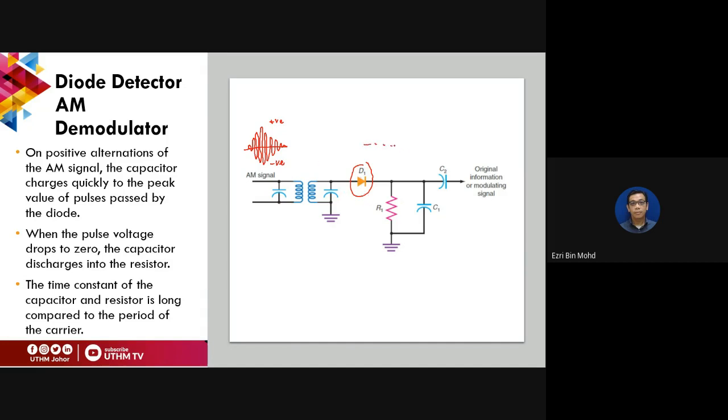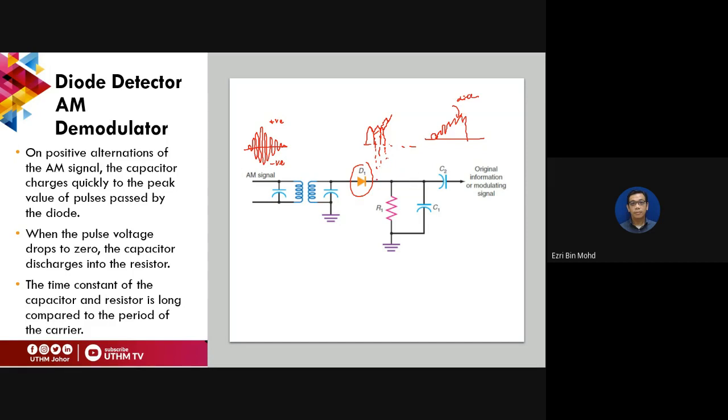It means that, for example, here you see the positive side and the negative side discharge, right? And then here the positive side, and the negative side discharges. The discharge is only slight. It means it will become like this, you see? It creates a discharge voltage across the output.